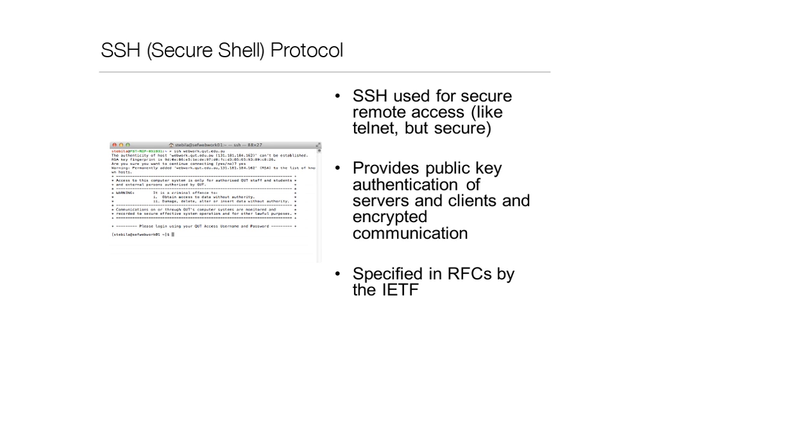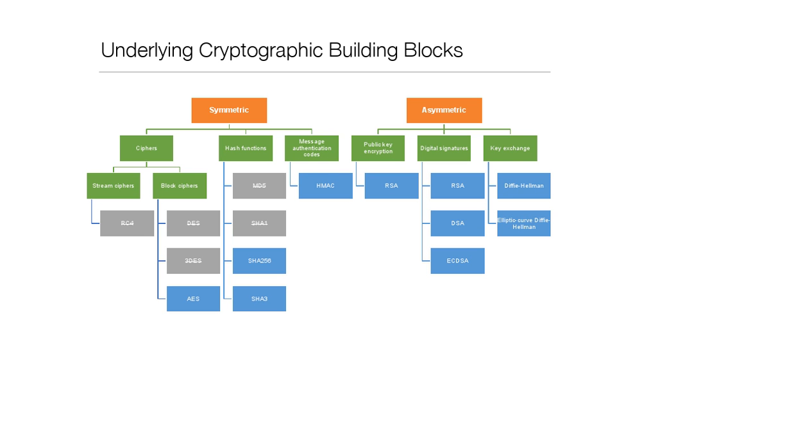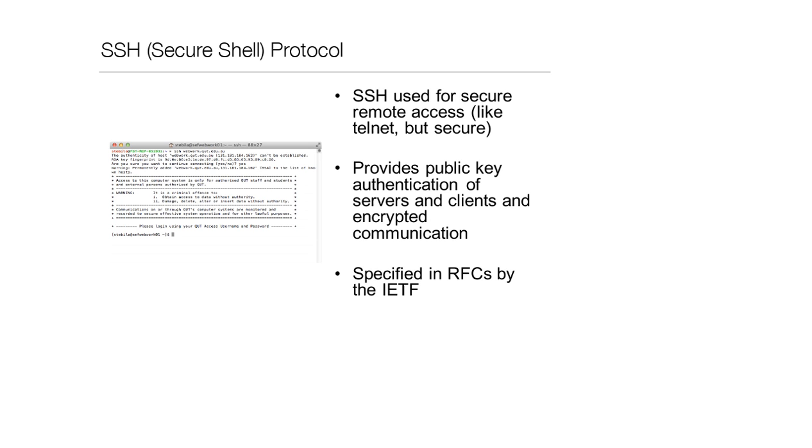Public key authentication means it uses an asymmetric key mechanism to provide the necessary authentication. For authentication, we use digital signatures, so it can be RSA, DSA, or elliptic curve DSA, to authenticate the clients and servers.